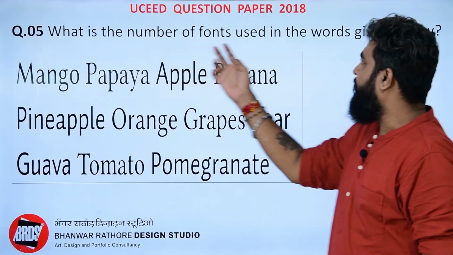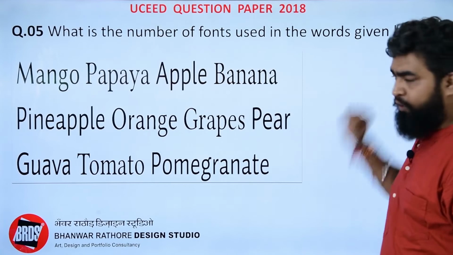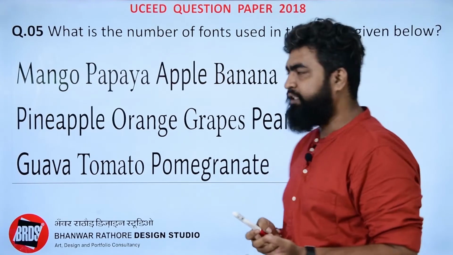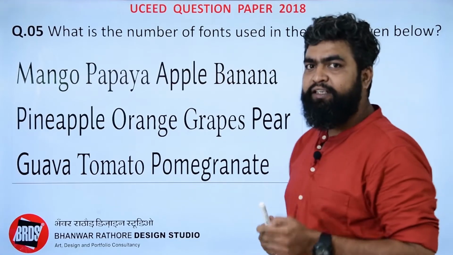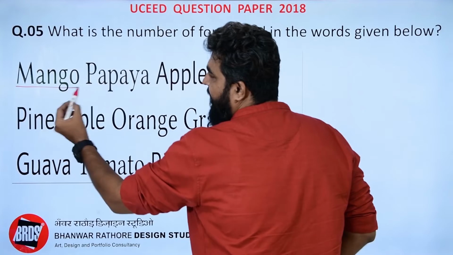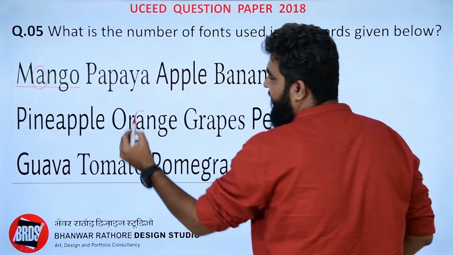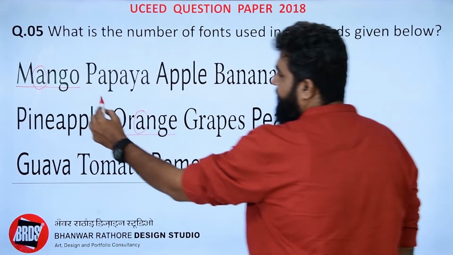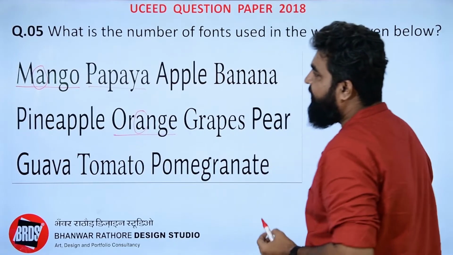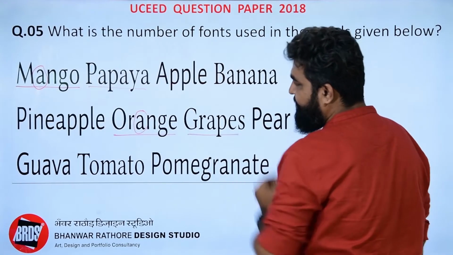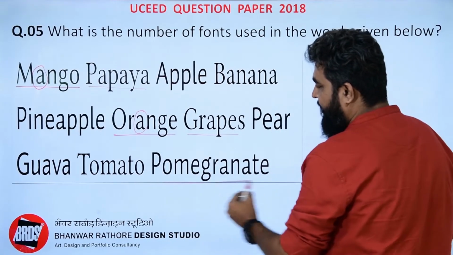What is the number of fonts used in the words given below? Now here you have to understand the pattern through observation, and then if we check, certain members are repeating. For example, if we see in mango, A is the same as in orange, so this is one pattern. Then if we check papaya, the A is repeating the same as in grapes, and also pomegranate.